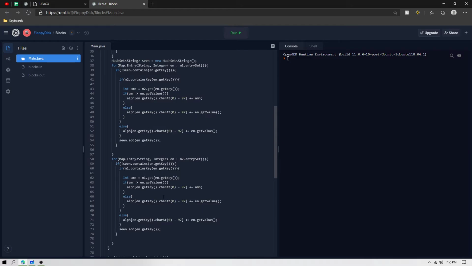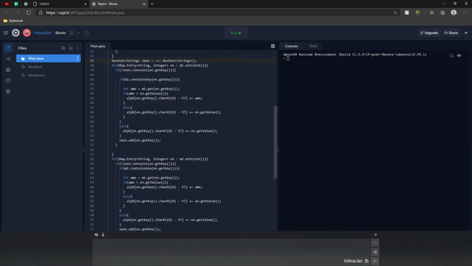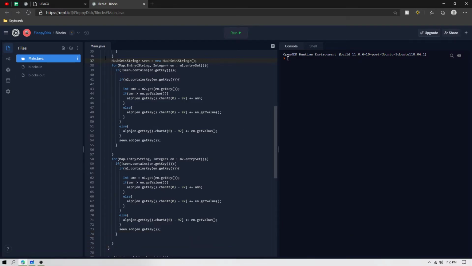Then we have a seen hash set, and now we're going to be counting the common letters. We count common letters for our word 1, and if we haven't already counted this letter, then we see if the other word contains this letter.